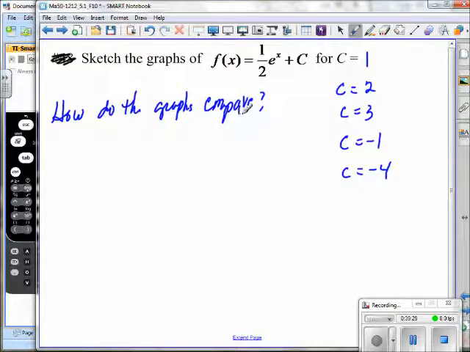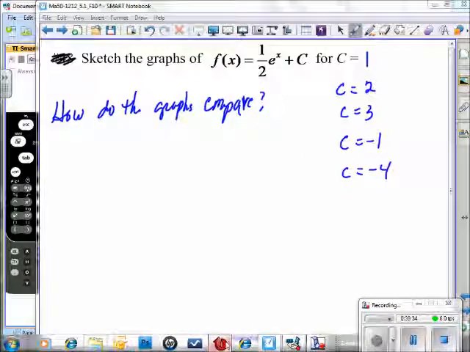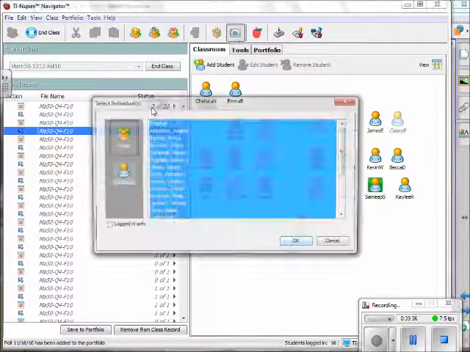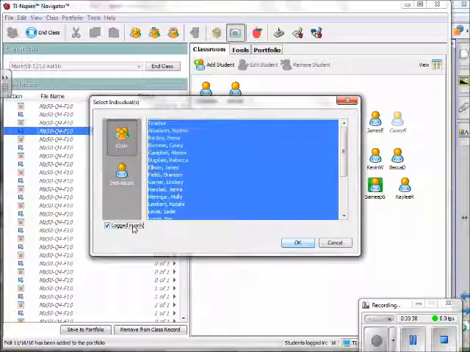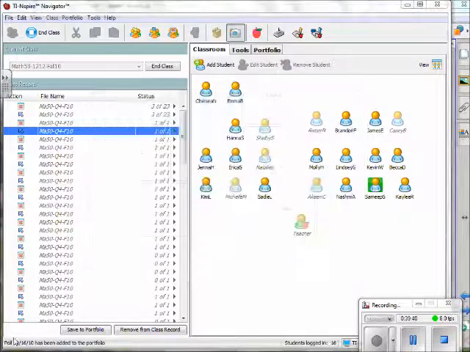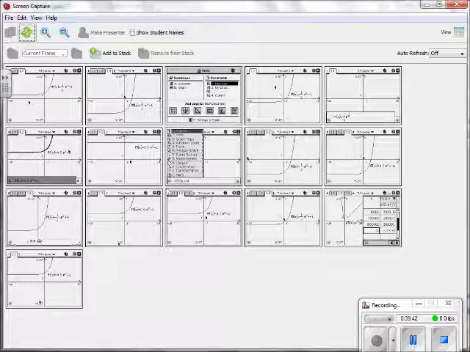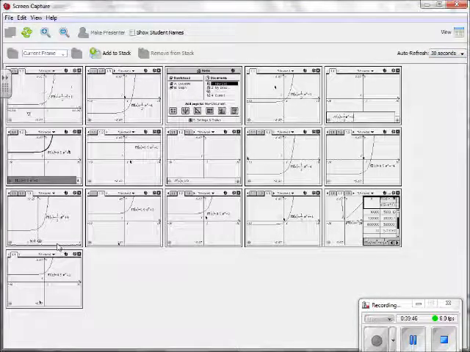Okay, so how do the graphs compare? Let's take a look at these. Okay. Do they all have about the same shape to them?